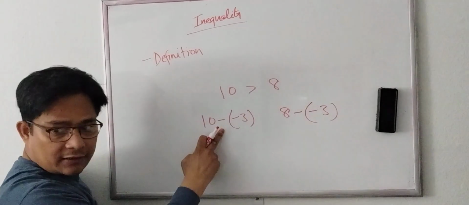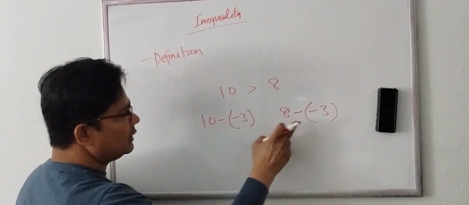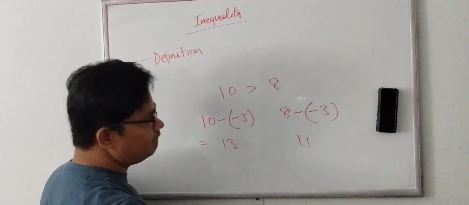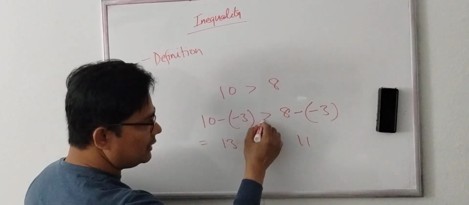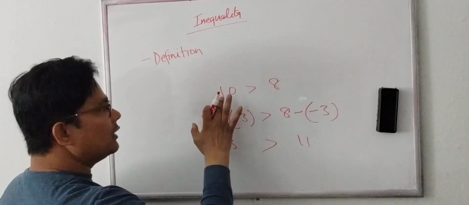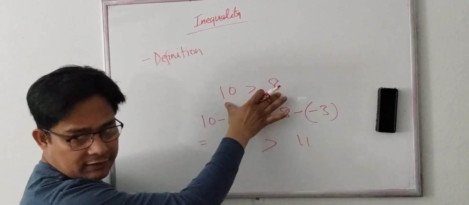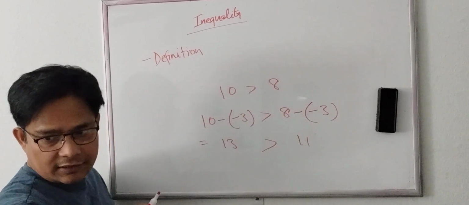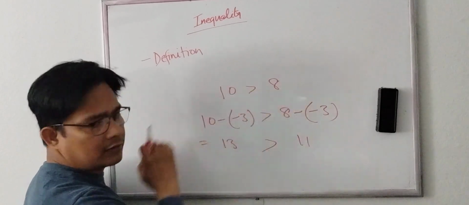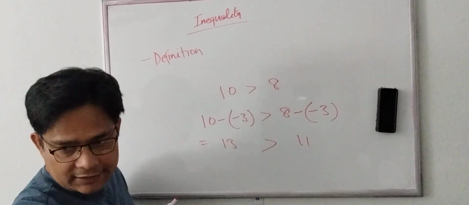Both sides I'm subtracting -3, from 10 and 8. So this will be 13 and this will be 11. Here also the relationship did not change. So if you are given a relationship based on inequality, no matter what number you add or subtract, the relationship will not change.